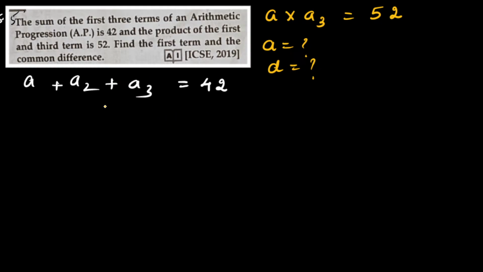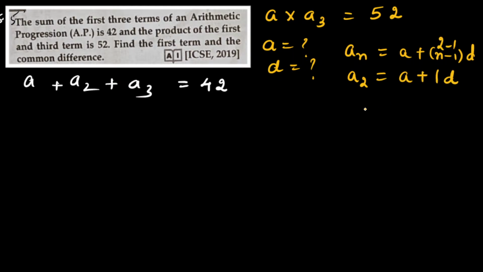First of all, we always write in symbolic form, like in previous questions also. Then we expand their formulas. A is A only. By using the formula An is equal to A plus n minus 1 into D, the second term A2 becomes A plus 2 minus 1, which is A plus 1D.